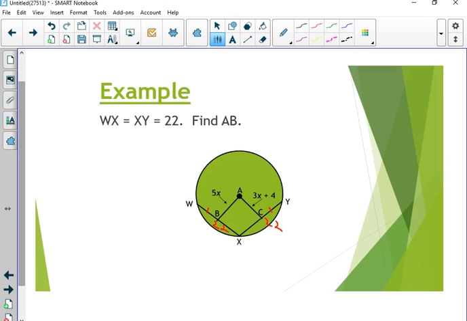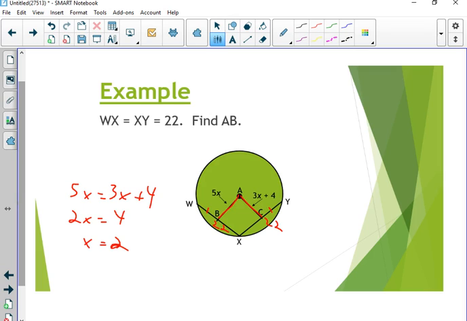Well, notice, therefore, they are the same distance from the center. So that's going the opposite direction. We know this time the chords are the same, so the distances from the center are the same. Therefore, 5x equals 3x plus 4. Now subtract 3x and get 2x equals 4. X is equal to 2.